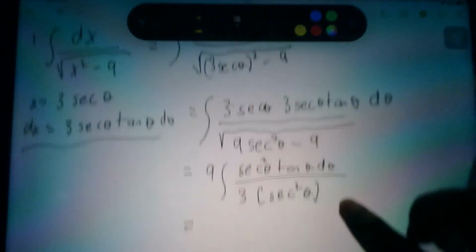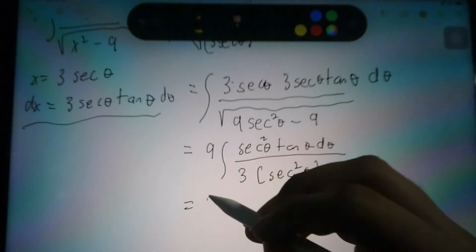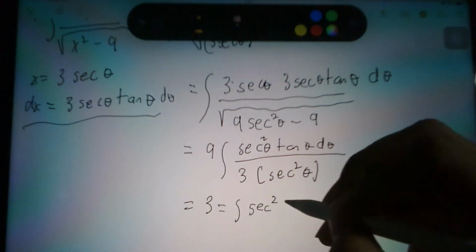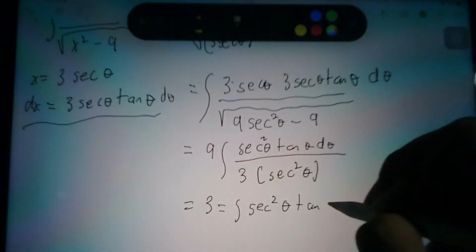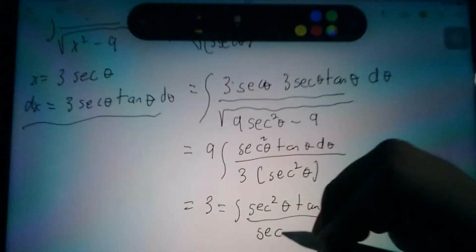Now we move this 3 outside, that will become 9 over 3, which is 3, times secant squared theta tangent theta over secant squared theta.